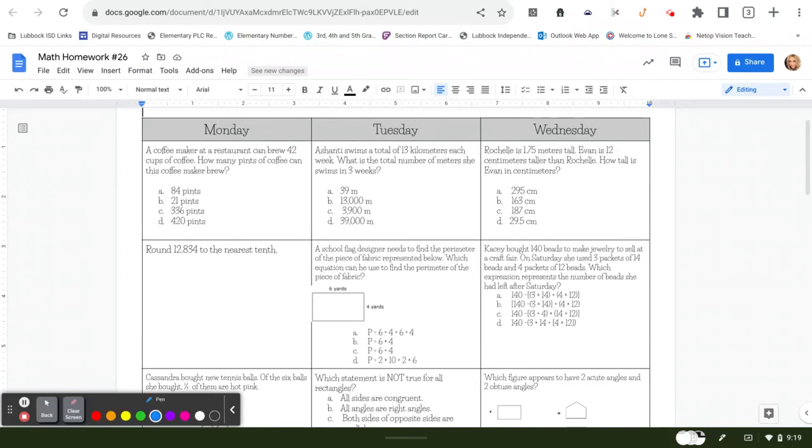Next, Rochelle is 1 and 75/100 meters tall. Evan is 12 centimeters taller than Rochelle. How tall is Evan in centimeters?